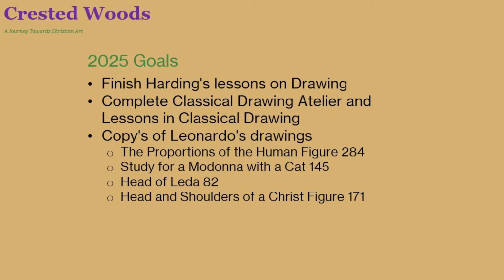And through completing those practical lessons, I should have created 4 different what Classical Drawing at Home refers to as master copies of the proportions of the human figure: Study for Madonna with the Cat, the Head of Leda, and the Head and Shoulders of a Christ figure. The numbers are the page references of the Complete Drawings of Leonardo, published by Taschen. But that's essentially what we're working towards and what we're hoping to accomplish this year.